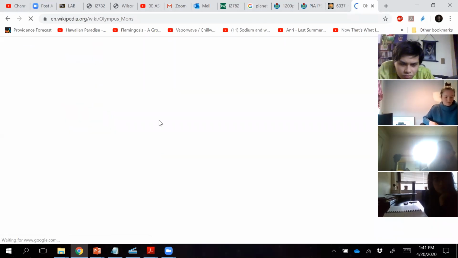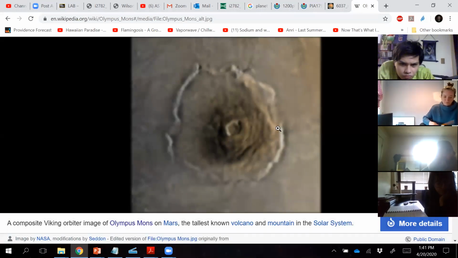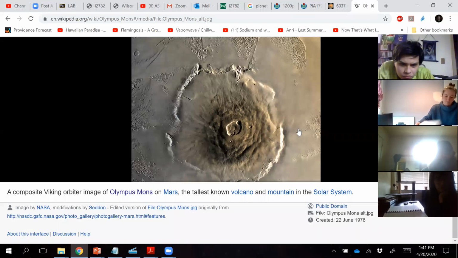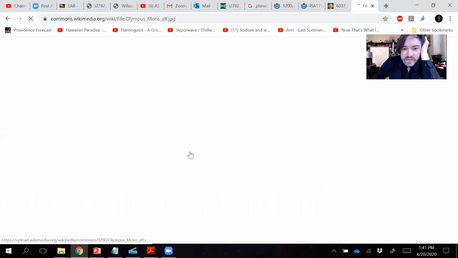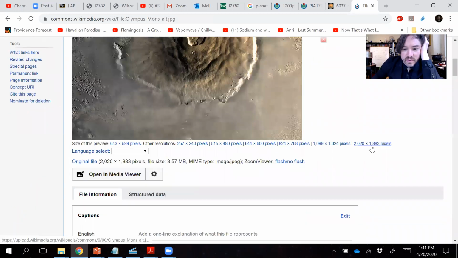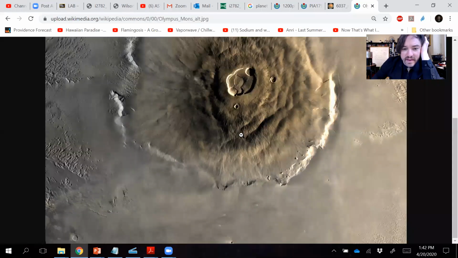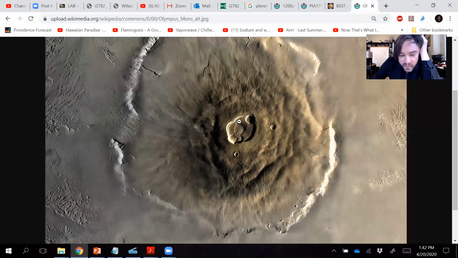I want to share it with you. This picture here from the Viking orbiter, there's a high resolution version, 2000 pixels. It's epic, okay? So look in there. What are you guys seeing?